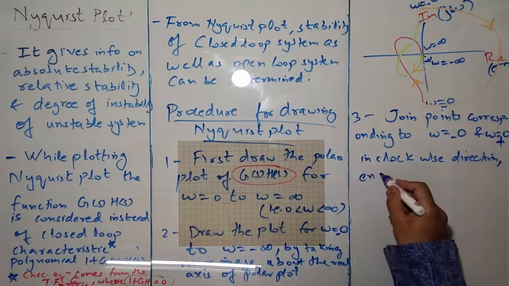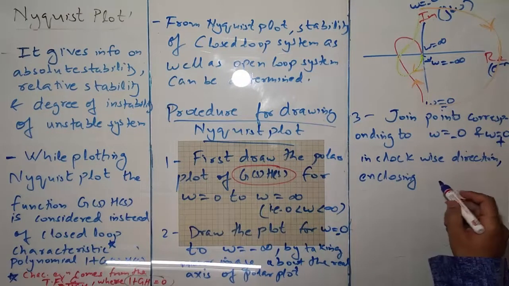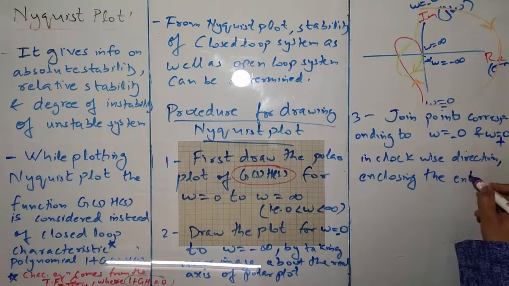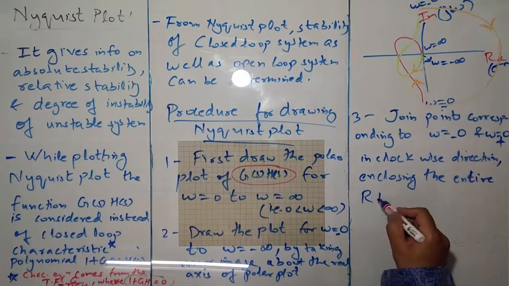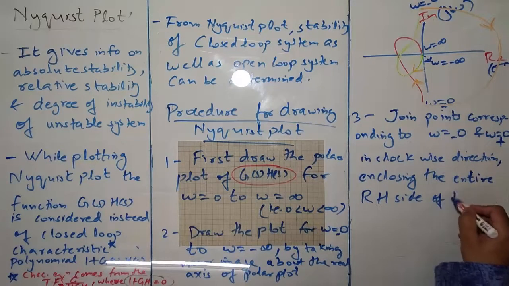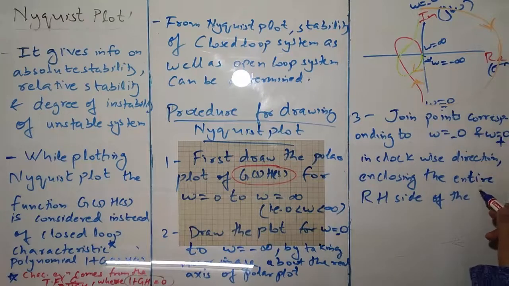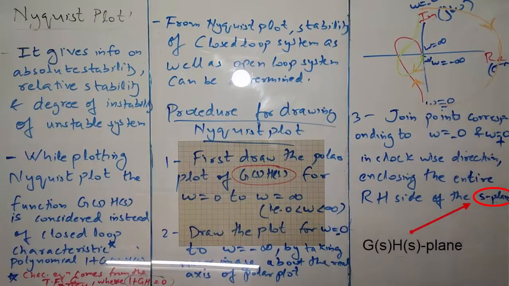So this will be enclosing the right hand side of the S plane, this in fact was the S plane, so we'll be referring to this as the S plane, and this will have an infinite radius.